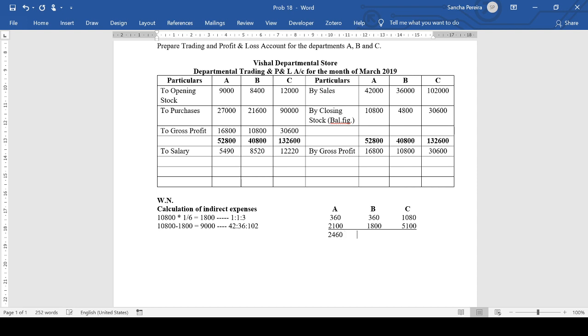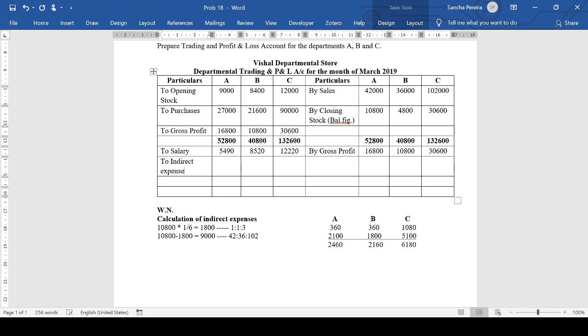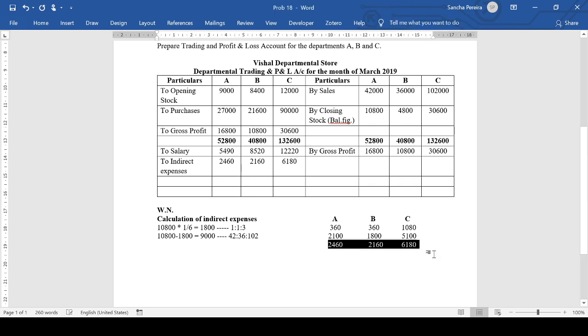Then here it's going to be 2,160, and this is going to be 6,180. So if I put this here, indirect expenses: 2,460, 2,160, and 6,180. So this is just a short working note for these indirect expenses.